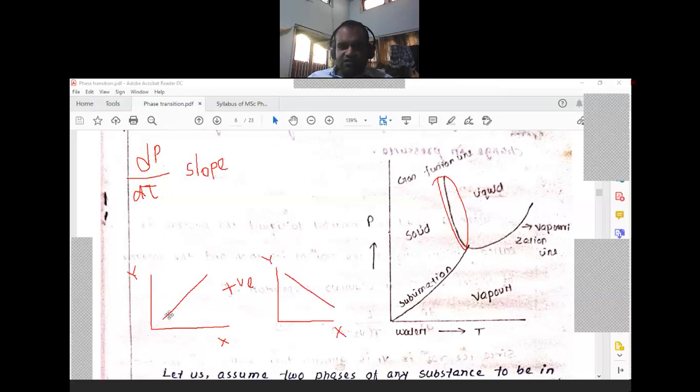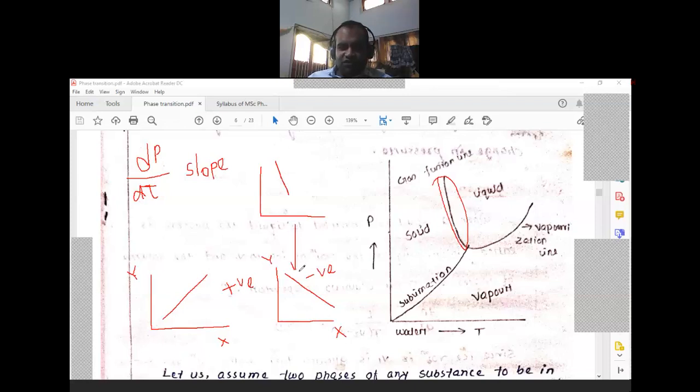Then how will a negative slope look? Again, suppose we have x and y axes, some quantity. A negative slope will look like this: it is higher earlier, then it decreases. And a positive slope is lower earlier, and then it increases. So this is positive slope, and this is negative slope.